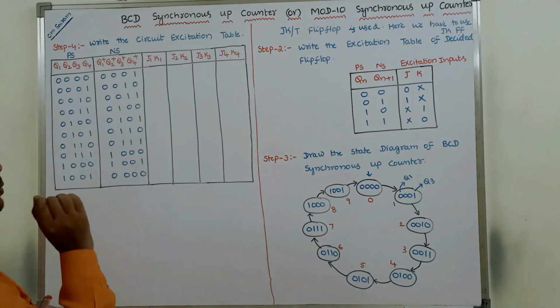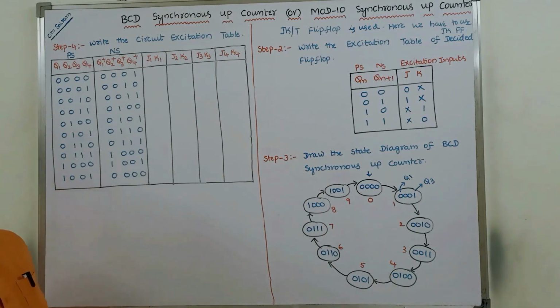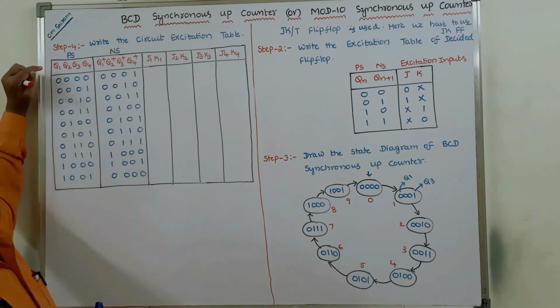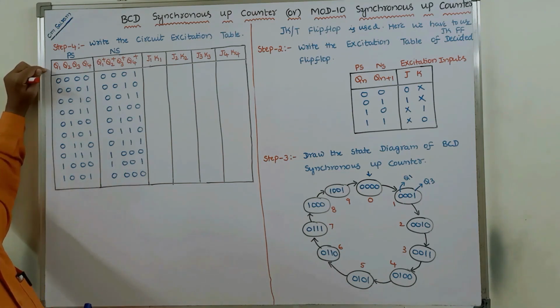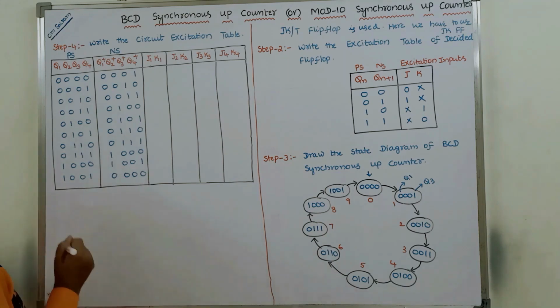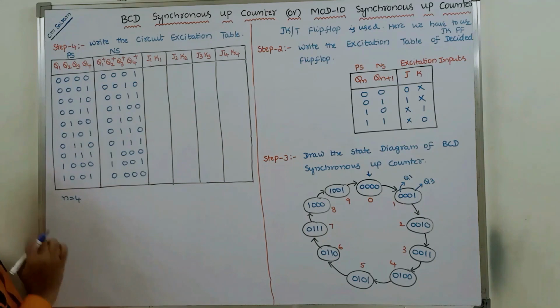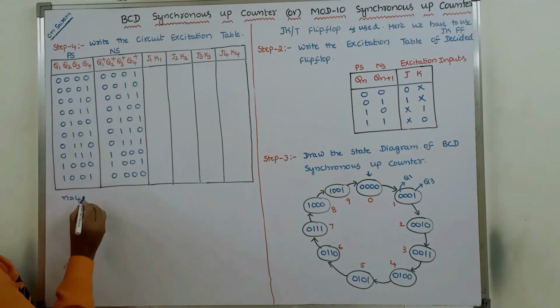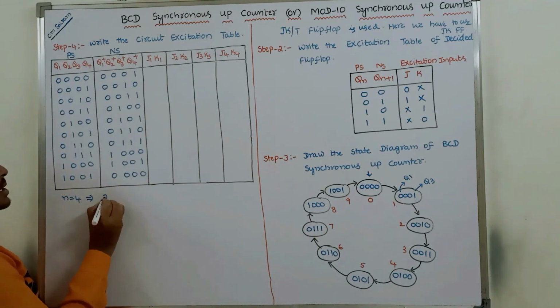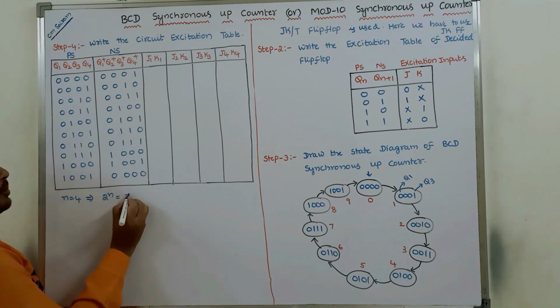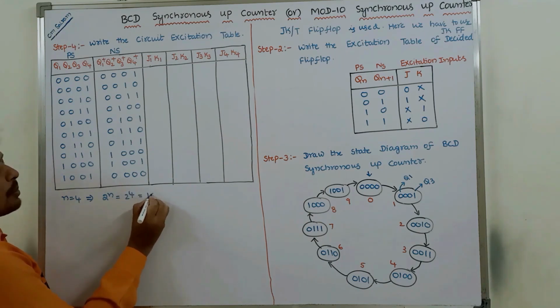Okay. Here we have to consider one important point. With 4 bits, how many possible combinations are we getting? n is the number of bits in the present state, 4 bits. So 2 power 4, 16 possible combinations.